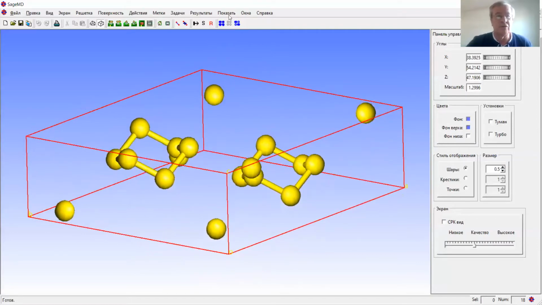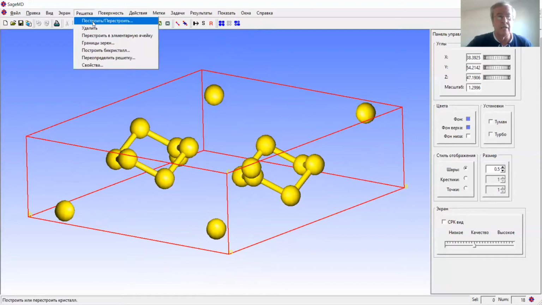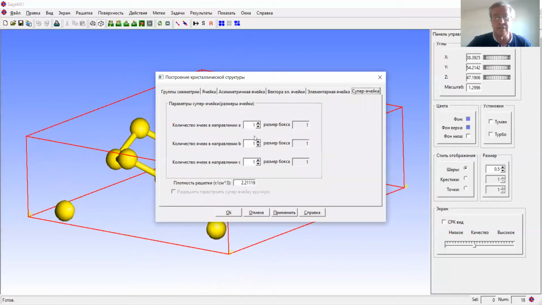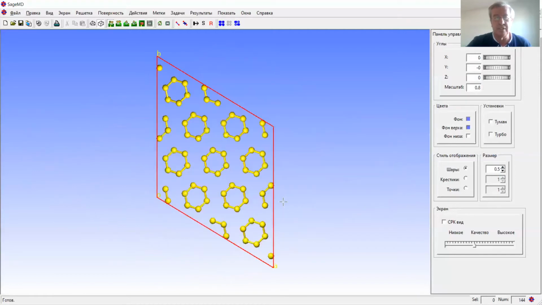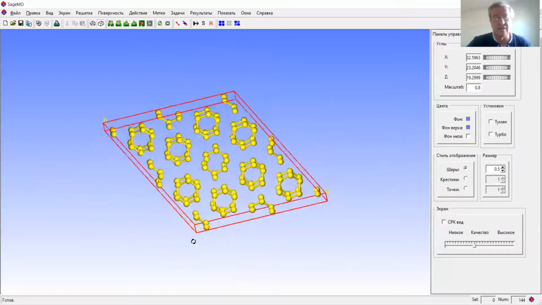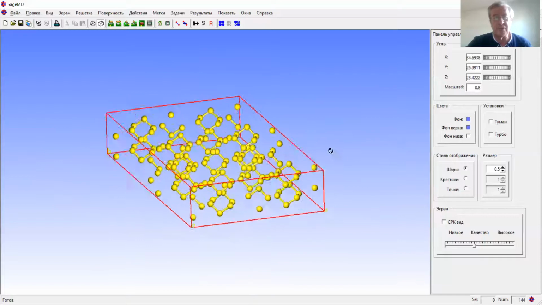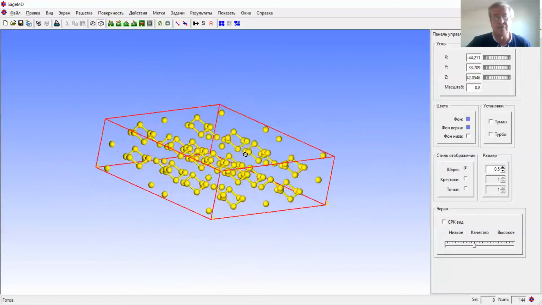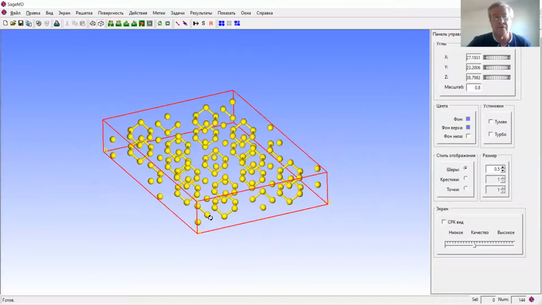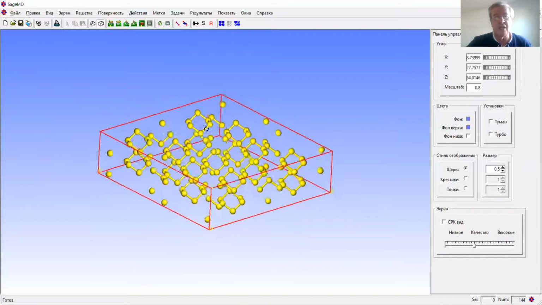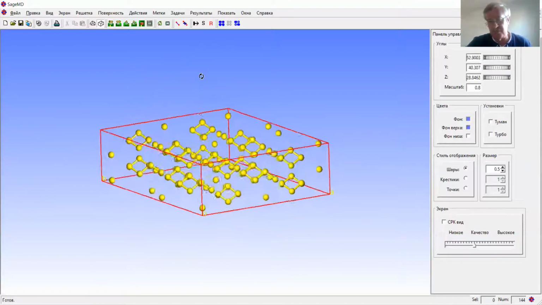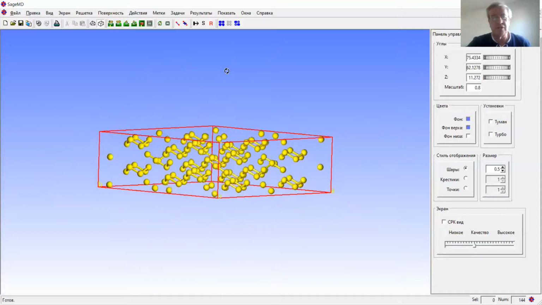Just to confirm this, we can increase the size of the unit cell, as we always do, just to confirm our observation from one unit cell. We'll see that sulfur makes a 6-member ring. There is another structure of sulfur which has an 8-member ring. That's typical for this type of sulfur structure.